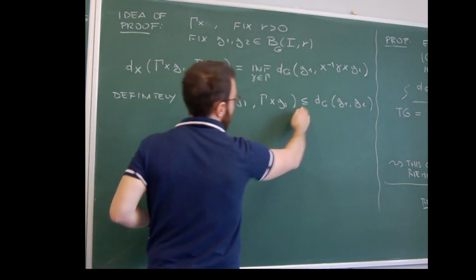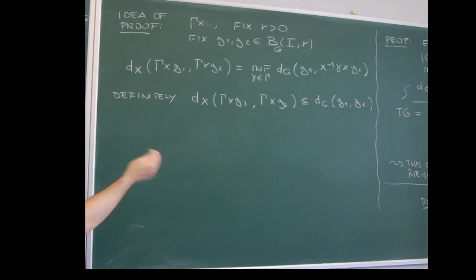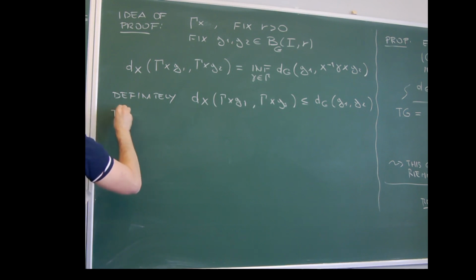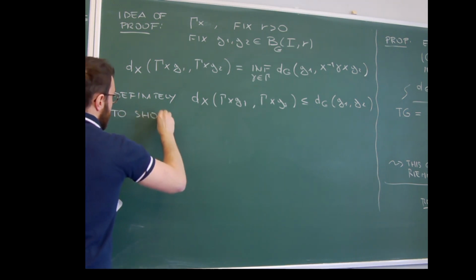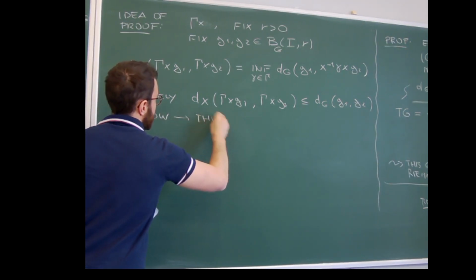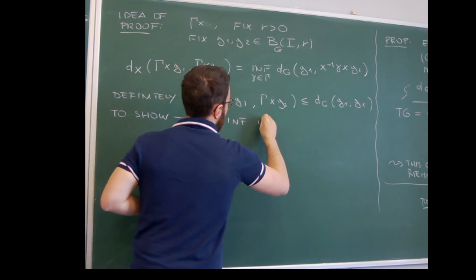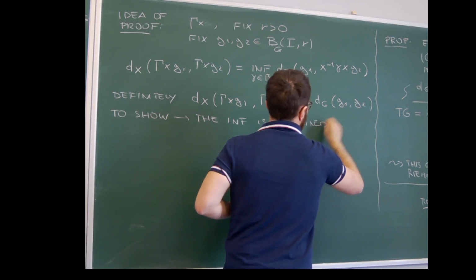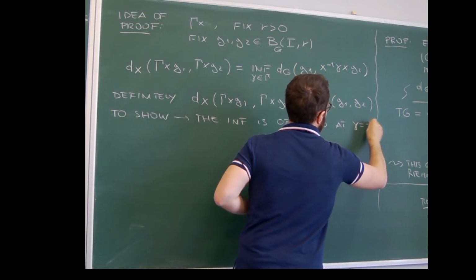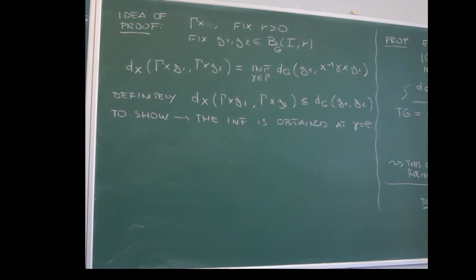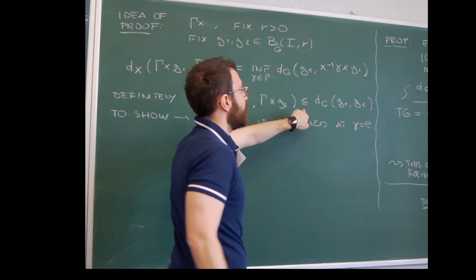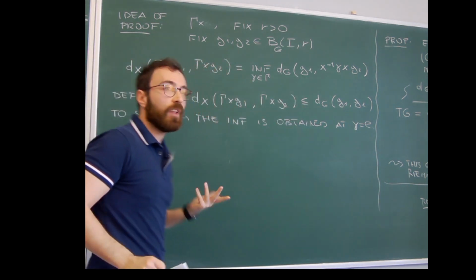Okay, so then you have this inequality. So we want to show the inf is obtained at gamma equals e. If you show that the inf is obtained at the identity, then clearly you have that here there is an equality.